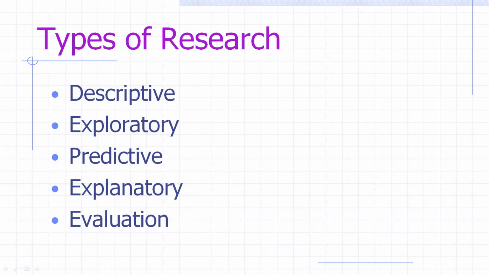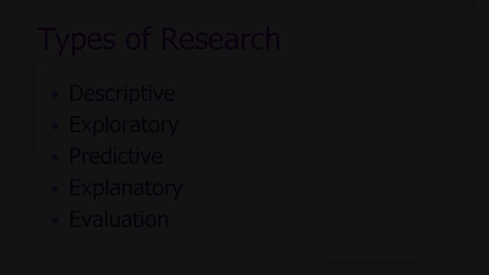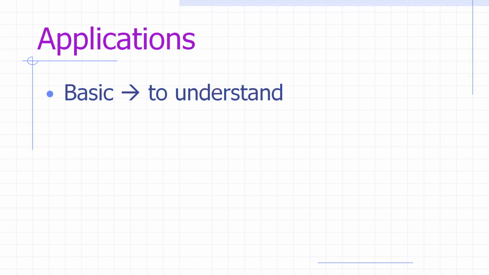Okay, so one more slide, and that has to do with the applications of research. The first type of application is called basic, and this is where we're just trying to understand a particular, again, situation, phenomenon, problem, behavior, etc., without necessarily doing anything about it as the purpose of the study.